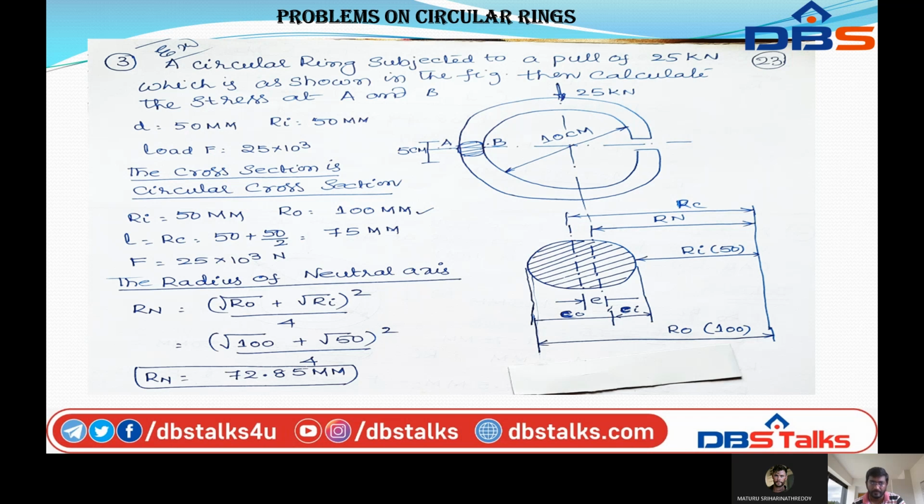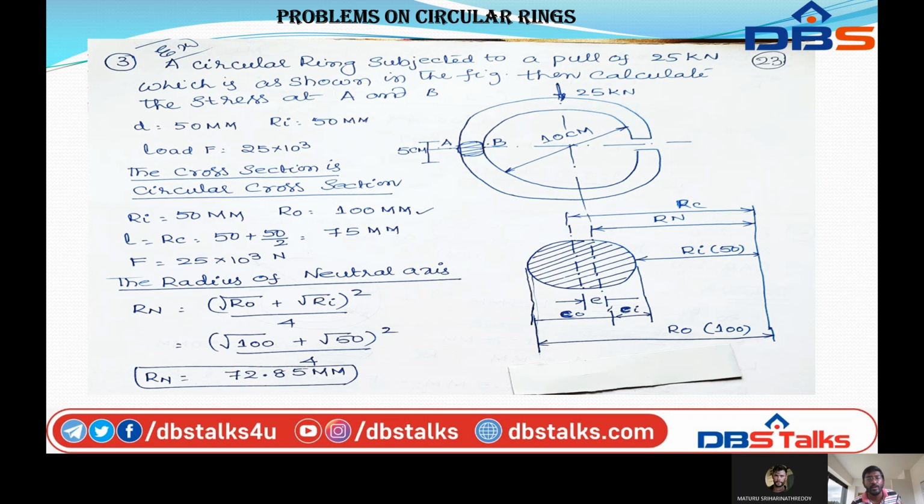So we can define Ri. Ri is also given. R0, the radius of the outer fiber, equals 100 mm, that is 10 centimeters.